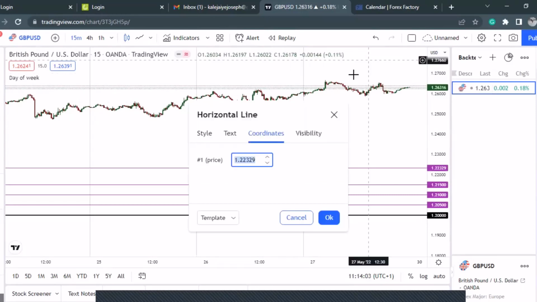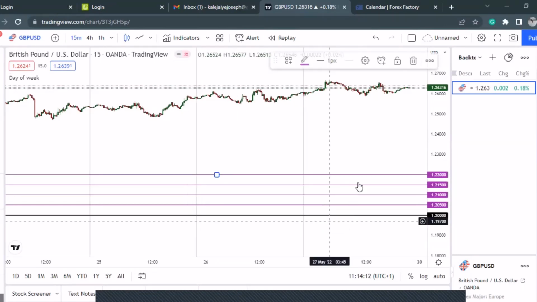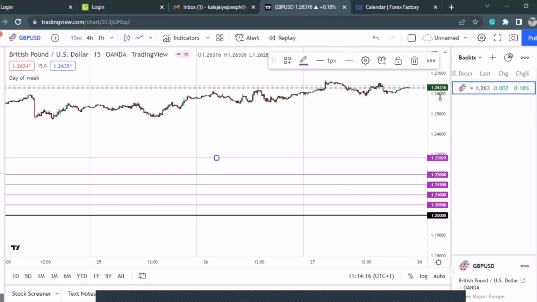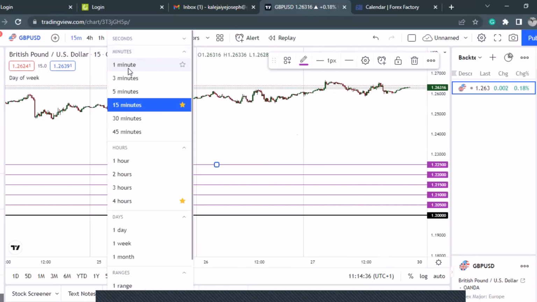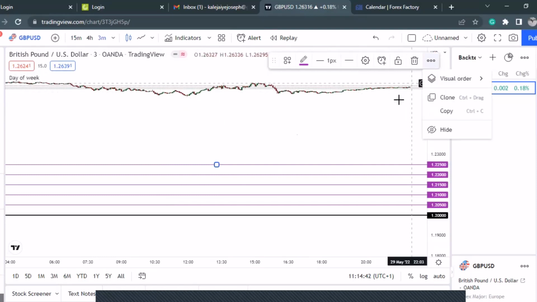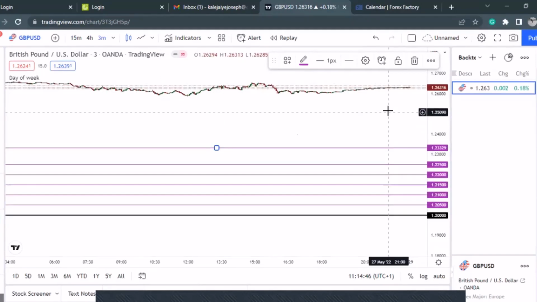So we're going to 1.2500. Let me go down a bit again, to the 3 minutes time frame, and clone this and see if it's close. 1.2300.